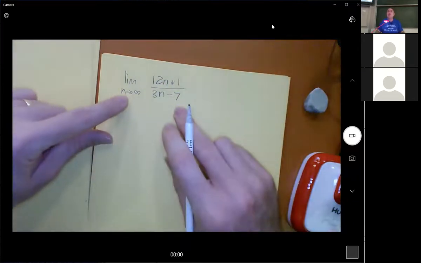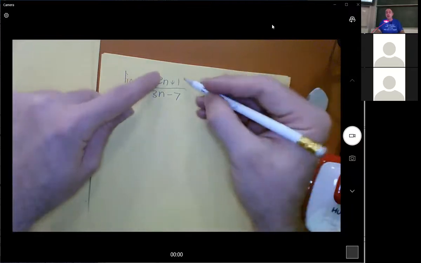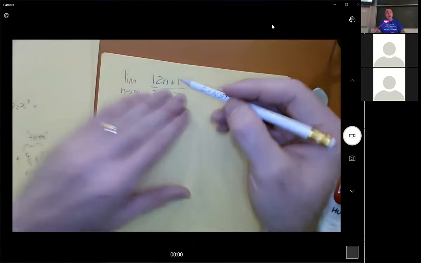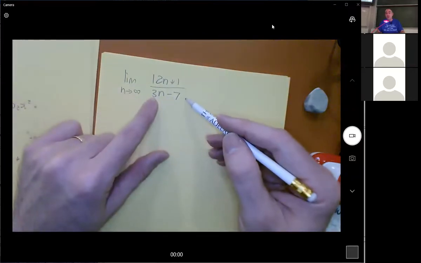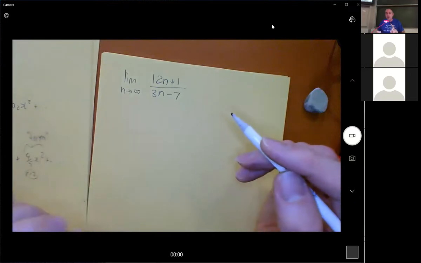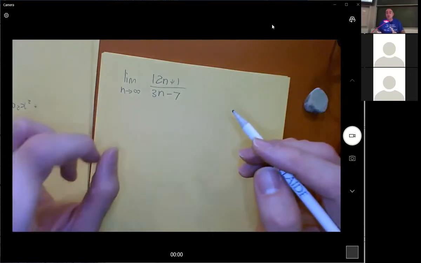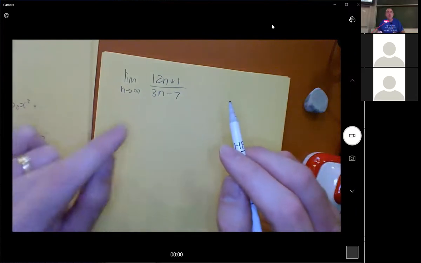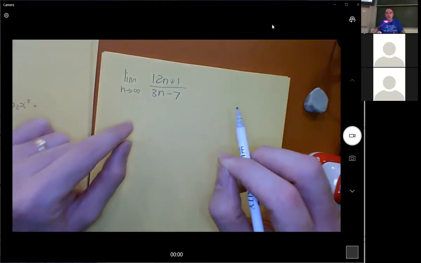This limit at the moment looks like infinity divided by infinity. As n goes to infinity, that goes to infinity. As n goes to infinity, that goes to infinity. Now, I can't know what to do with this until I make it not infinity over infinity anymore.